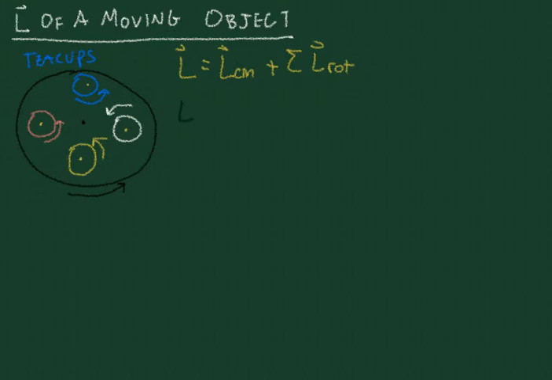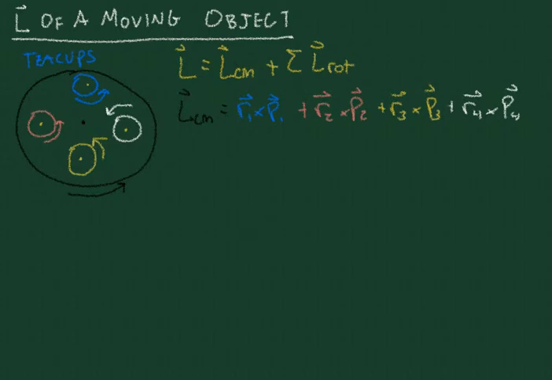The angular momentum of the center of mass is going to be R1 momentum 1, plus R2 momentum 2, plus R3 momentum 3, plus R4 momentum 4. Okay?